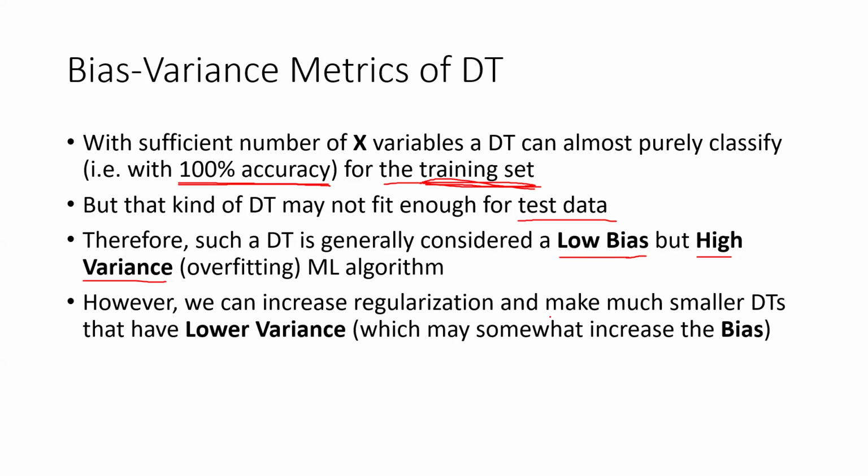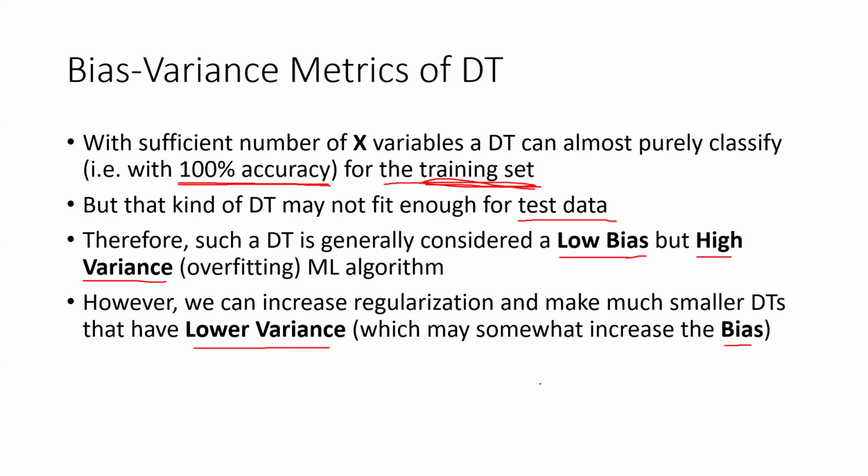Without going with all the x variables, by only using some of the x variables, you can have smaller decision trees with low variance but high bias, of course, right? So when you are not using all the variables and not trying to optimize more and more, your model may be high in bias, but it would be lower in variance.